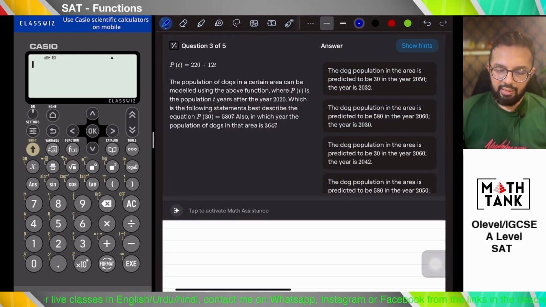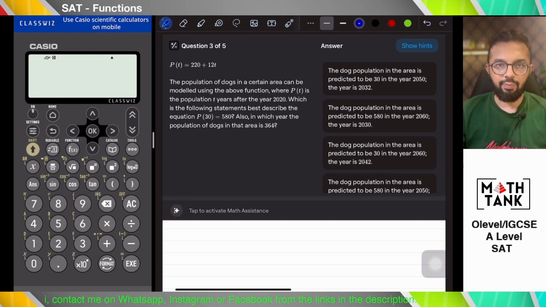Question number 3 says the population of dogs in a certain area can be modeled using the above function where P of t is the population t years after the year 2020. Which of the following statements best describes the equation P of t equals 580? So 30 years and the population is 580, right?